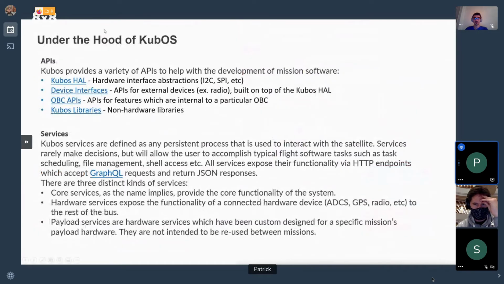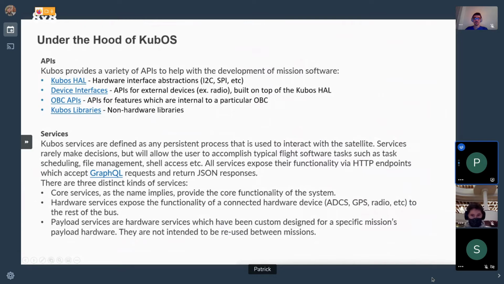So there are a lot of things that KubOS already provides. The main things are the hardware abstractions: I2C, SPI, UART, all those things are available from them.